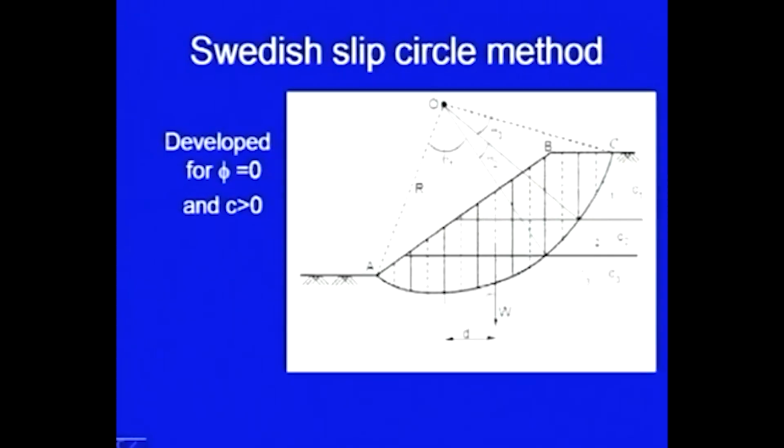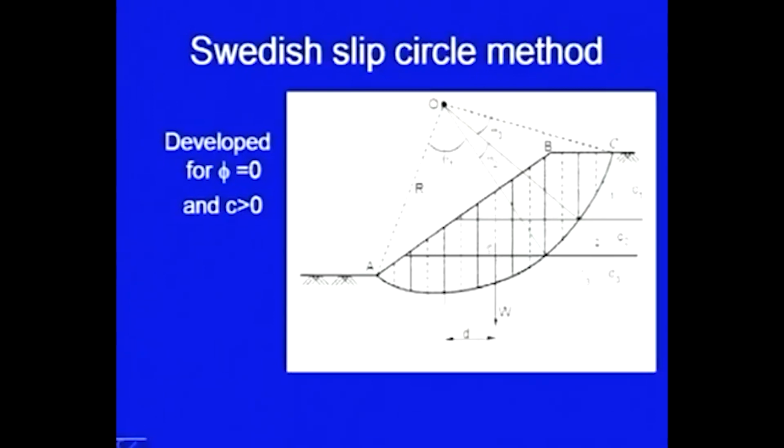So, let us say this is nth slice and its weight W is acting here in the downward direction, and the distance of its CG from O, means moment arm or the lever arm, is D.